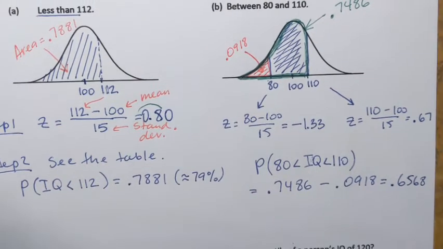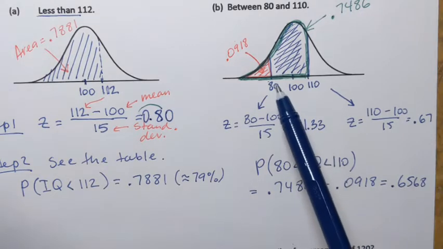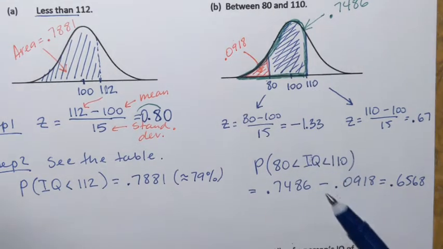In other words, about 66%, right? So there's a 66% chance that a randomly selected person is going to have an IQ somewhere between 80 and 110 points. This is how you find probability for the normal distribution by hand using the z-table, or the standard normal probabilities table.